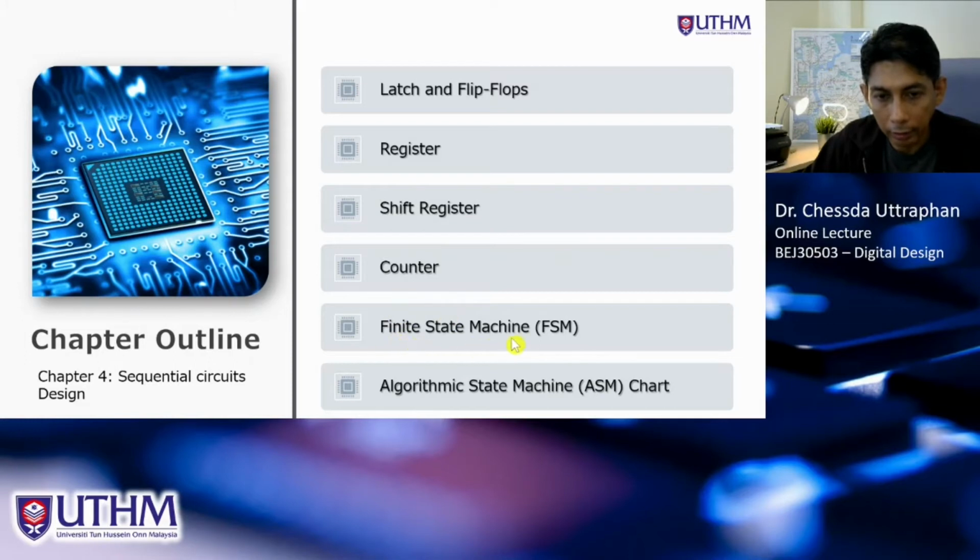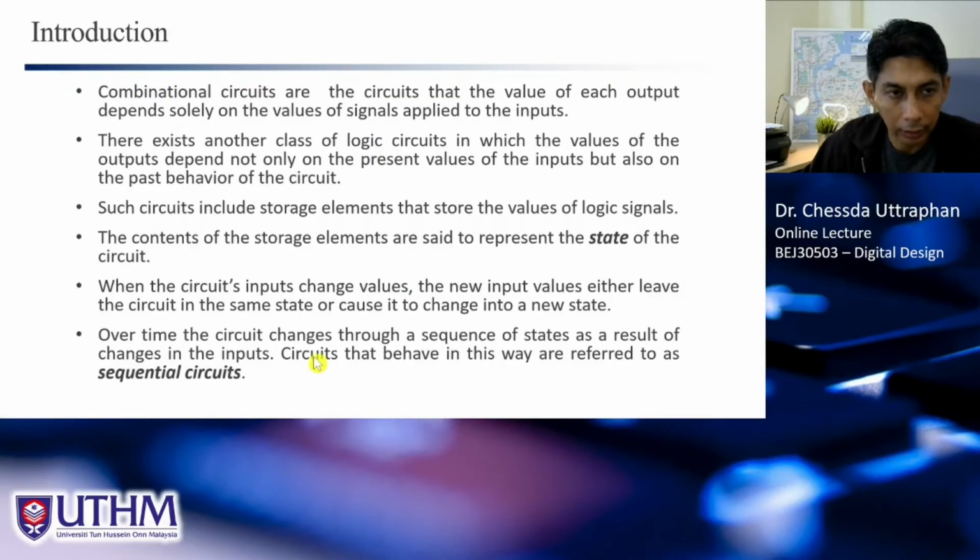And we will look at the application of the sequential circuit, which is what we call the FSM, or finite state machine, and also what we call the algorithmic state machine, or ASM chart. This is actually the same thing, but the representation is a little bit different, right? We will see later.